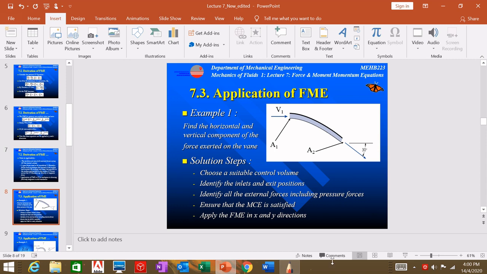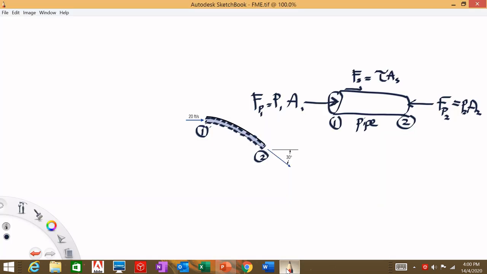For gravitational force, if for example the pipe is a pipe bend, with this the inlet and this the outlet, velocity 1 and velocity 2, you may want to include the weight of the pipe bend.